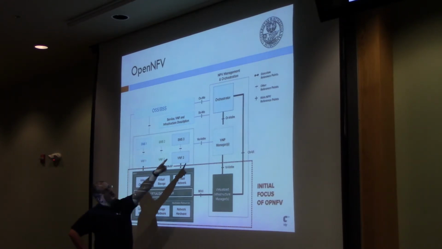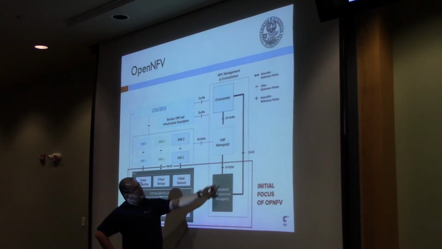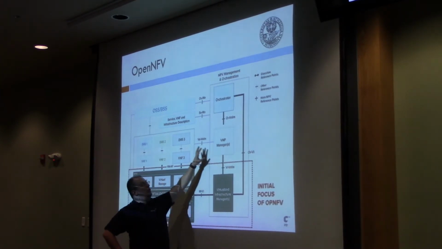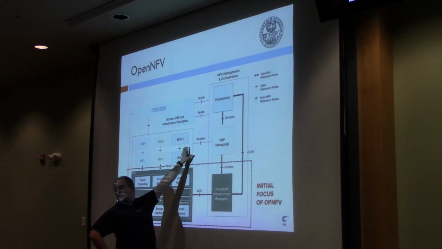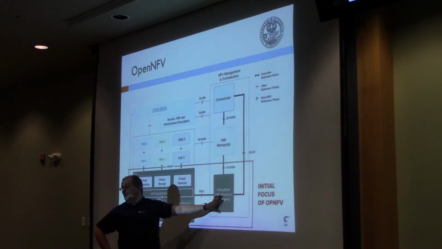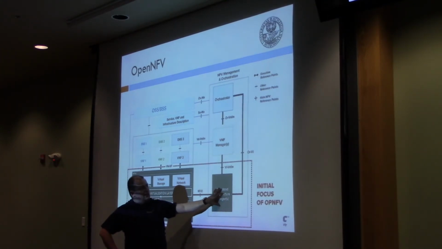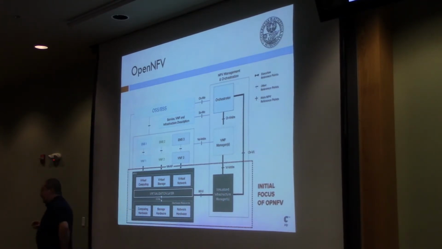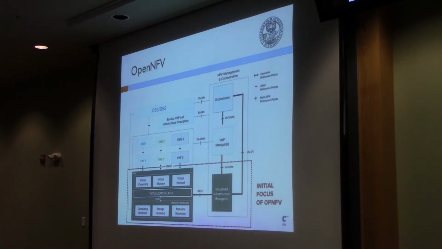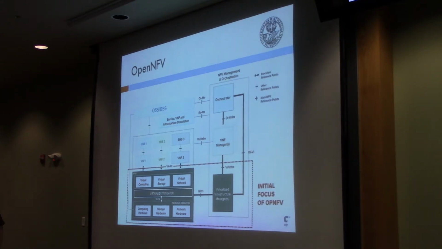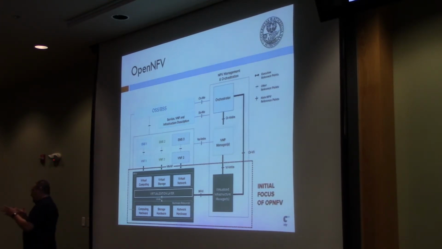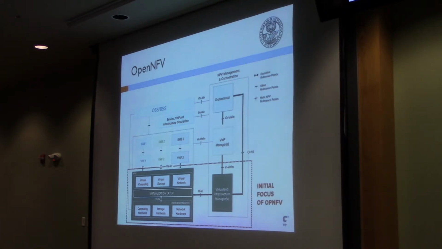The orchestrator speaks with the virtual infrastructure manager and the manager of the virtual network functions, so that it controls the sequence, the chain, and it gives information about how to map the virtual network functions to the virtual resources that are then, by the virtual infrastructure manager, mapped onto the real resources. Okay, so that is basically the overall structure.